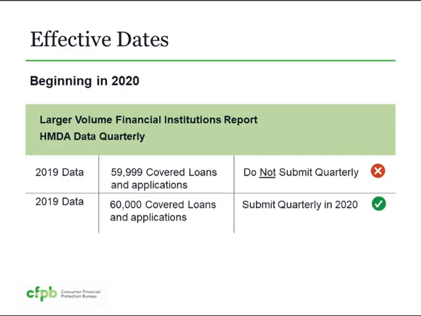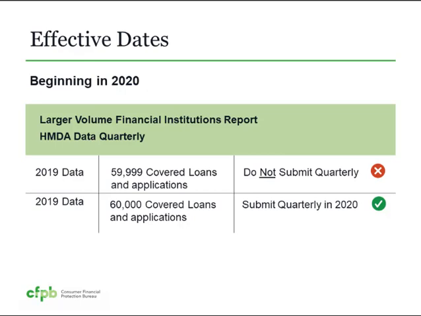As noted, beginning in 2020, a larger volume financial institution will be required to collect and report its HMDA data on a quarterly basis. Recall that a larger volume financial institution is one that reported at least 60,000 covered loans and applications, excluding purchased covered loans, in the preceding calendar year.